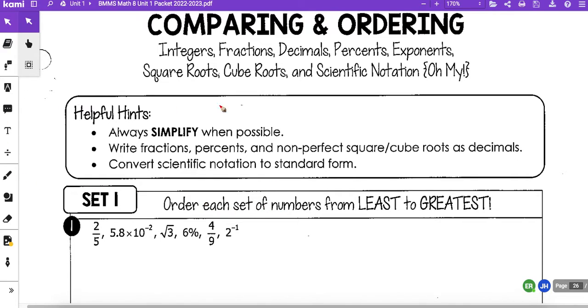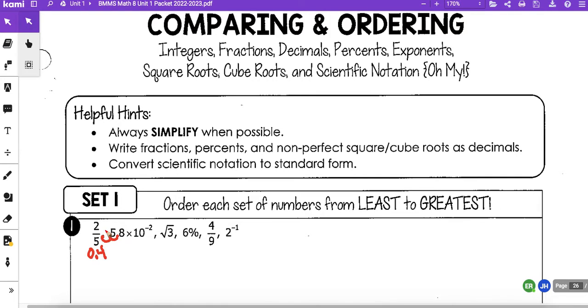So the first thing we're going to do is convert all of these to decimals. So if I was using my calculator, I would type in 2 divided by 5, and that would be 0.4 or 4 tenths. Now this is written in scientific notation. So remember, look at the exponent, and the exponent is -2, so that's going to tell me to move the decimal point 2 places to the left, 1, 2, and we're going to drop the decimal right there.